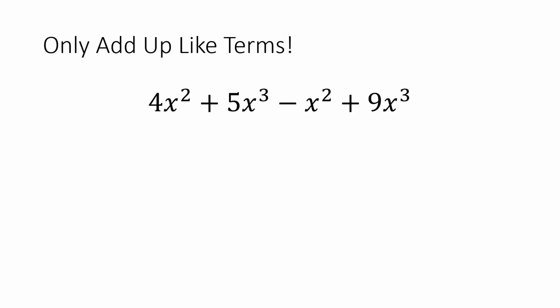When you're doing this, you need to remember to only add things that are like terms. So like terms mean the same variable, but also the same exponent. And so looking here, we see a 4x squared. We also see a minus x squared, remembering there's really a 1, and take that minus sign along for the ride. 4 minus 1 is 3.